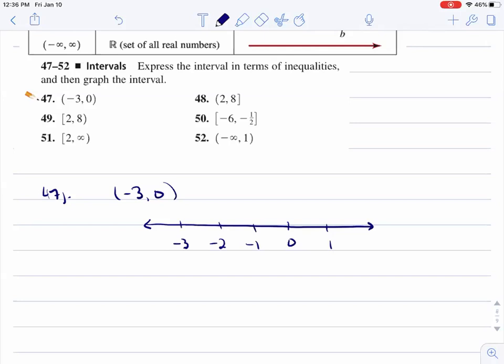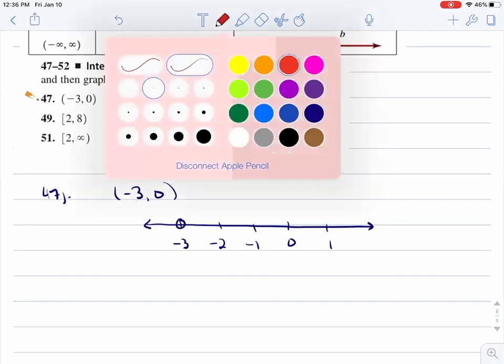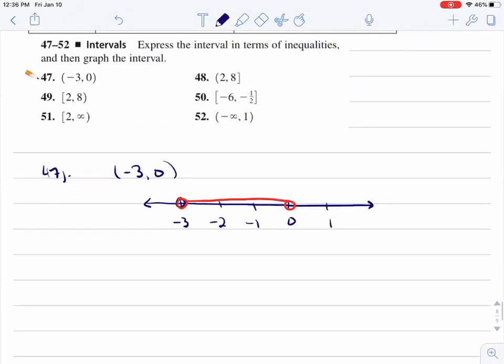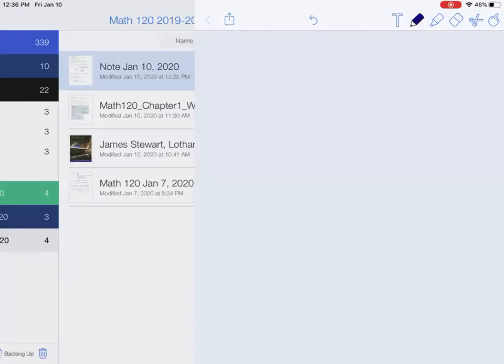This interval, it's not including, so I'm going to make an empty circle. Maybe I'll use a different color. An empty circle, and it goes to 0, but it does not include 0. There. So I make an empty circle. Okay. So you can do a couple of those.